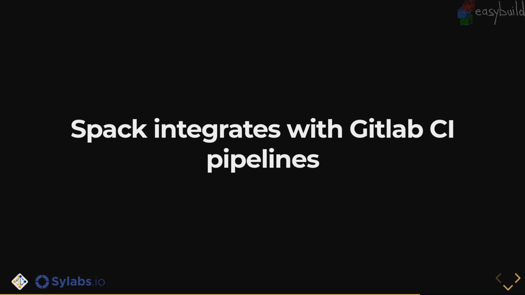Okay, I was saying a pretty new feature that has been added in the last couple of days is that Spack integrates with GitLab CI pipelines, and that's also an extension to Spack environments. There are sections in the Spack environment configurations that you can write to automatically generate a .gitlab-ci.yml.